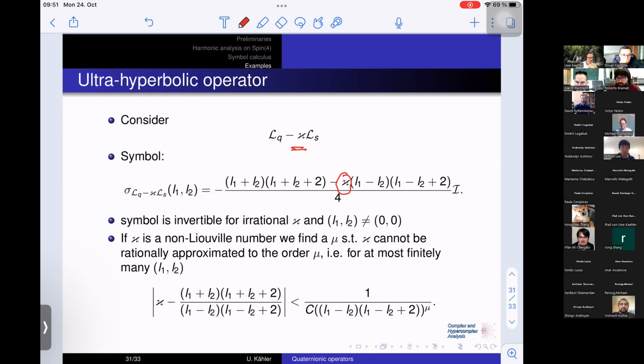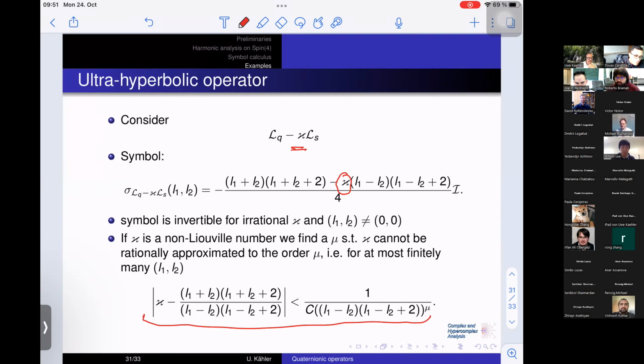If it's rational, of course, there will be a combination of L1 and L2 where you get a 0. But for an irrational one, that doesn't happen, as long as L1 and L2 are, of course, different from 0. Now, that's not enough for hyperellipticity. We need a certain decay condition. And the decay condition is basically down here.